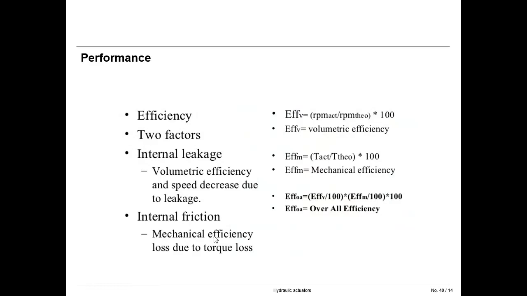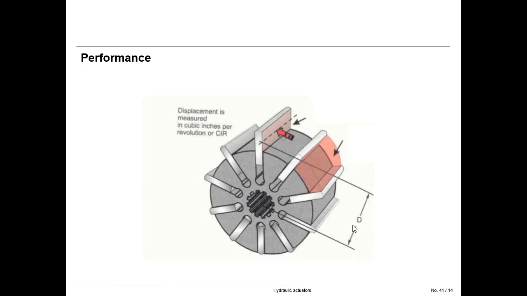So volumetric efficiency and speed decrease due to the leakage. Leakage is not desired. And mechanical efficiency loss is due to internal friction and torque loss. Those are the parameters given here for how you can evaluate it.